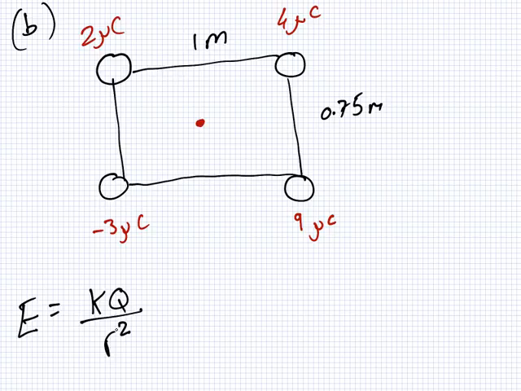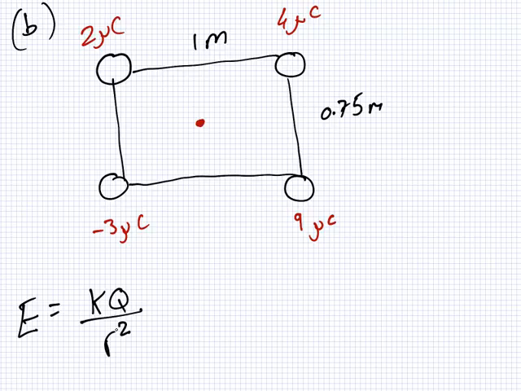E equals 1 over 4 pi epsilon 0, E equals KQ over r squared. That's the radial field. Radial field means coming out like a circle. So this is the formula for electric field strength, and this is the formula I'm going to use.